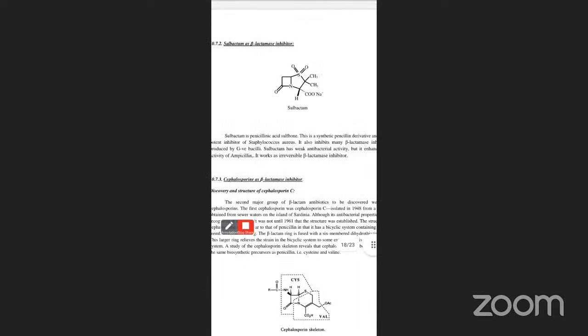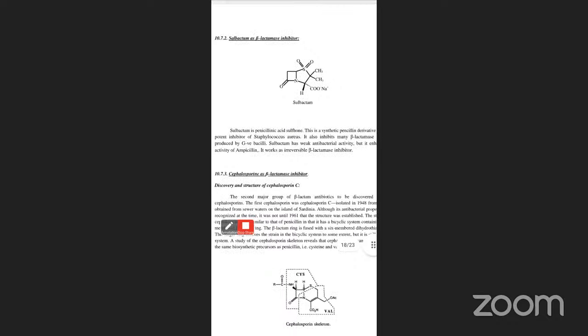And one more beta lactamase inhibitor is there, that is a cephalosporin here, and some modifications are done in order to enhance the antibacterial activity. So generally we modify the lead structure and we bring these particular cephalosporins, and how the modification is done, what are the structural features of these cephalosporins, we'll discuss in the next class here.